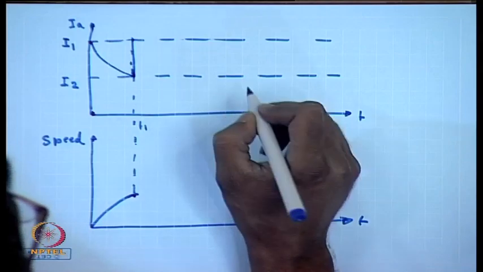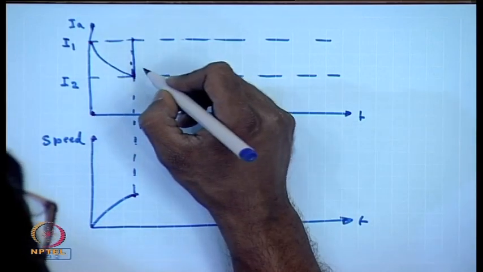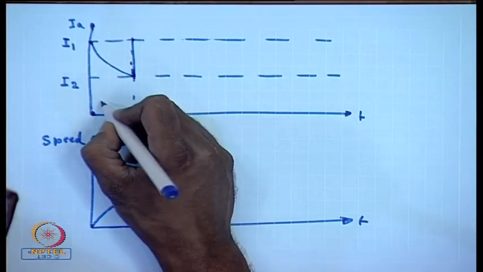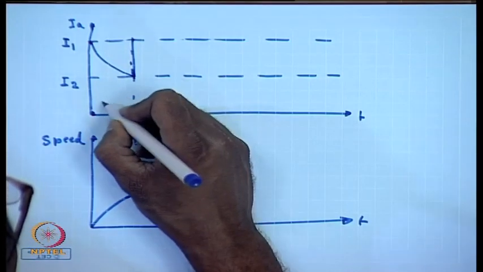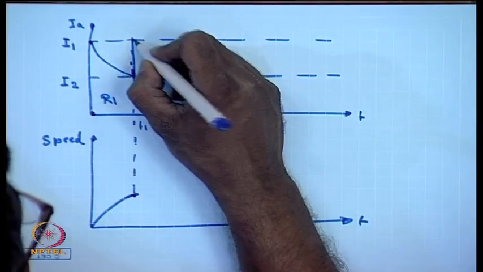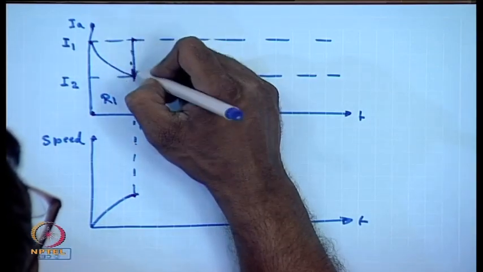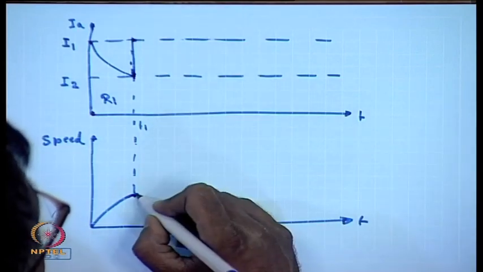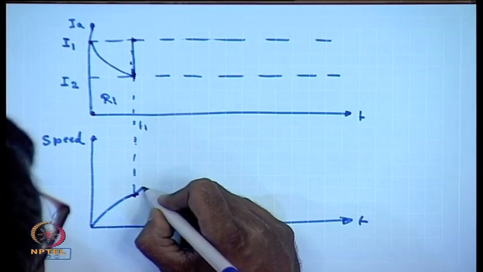And let us say by that time the current has dropped to a level of I2. So, here the total armature circuit resistance was R1. As soon as C1 closes, the current again jumps back to I1 and starts acceleration again.